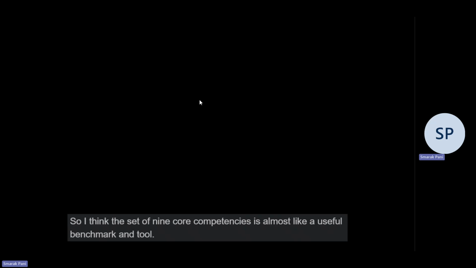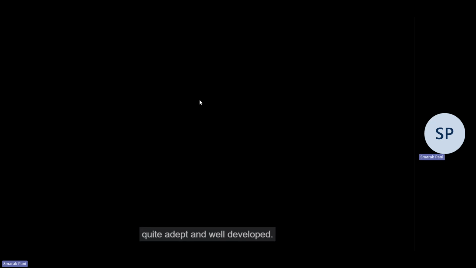So I think this set of 9 core competencies is almost like a useful benchmarking tool. It can be used to identify where you need to improve as an IT leader and the areas where you're already quite adept and well developed, to assess your own capabilities and competencies.